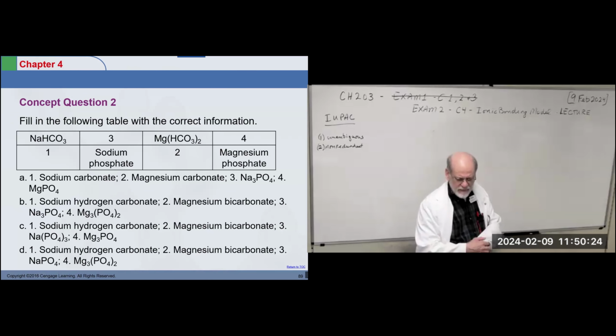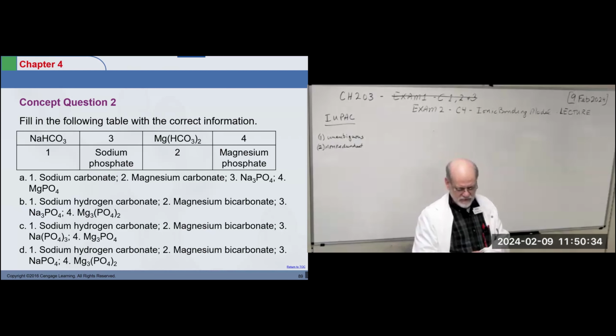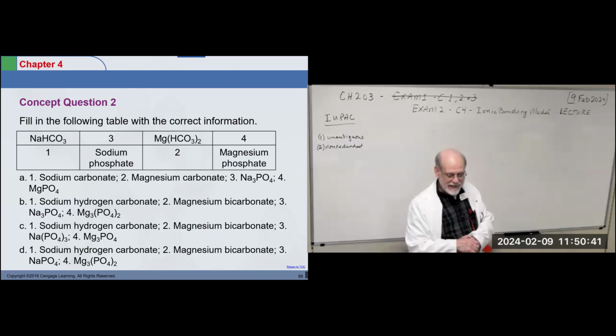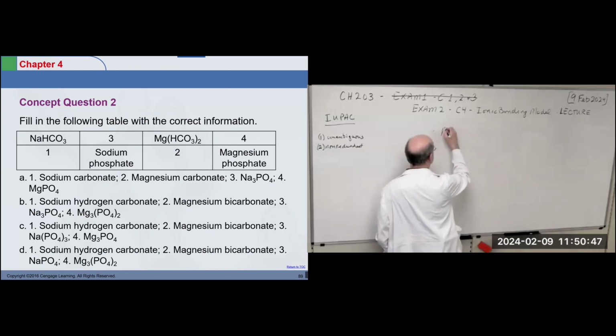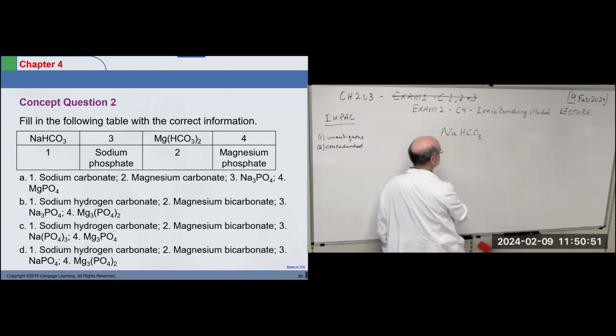Fill in the following table with the correct information. It looks like it's already filled in. Oh, no, 1 and 2 are represented in the answers. Okay. The first one, NaHCO3, we want to name that compound. Okay.